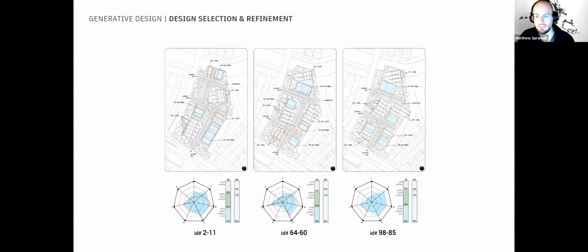Like the other projects, we selected a few candidates that were well performing. There isn't one good one. There's usually many options. So we had to take a few options and go back to the customer and say which ones make the most sense to develop.